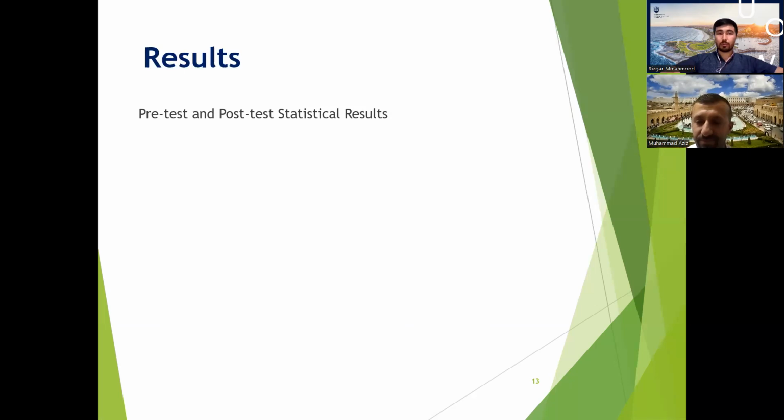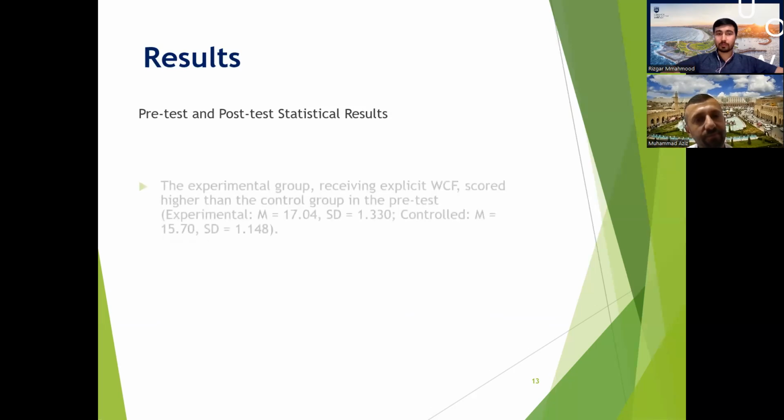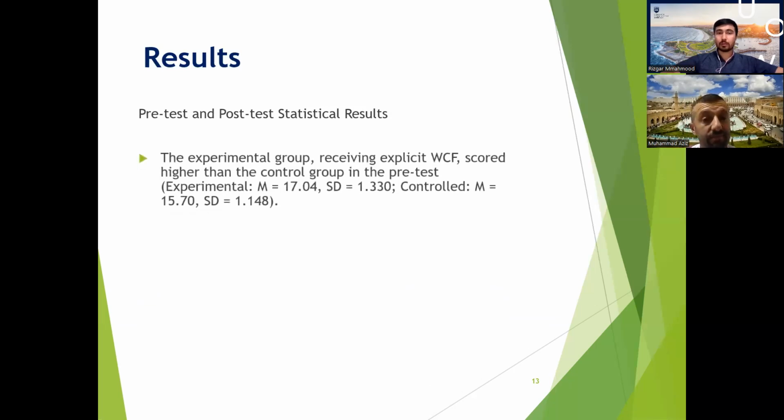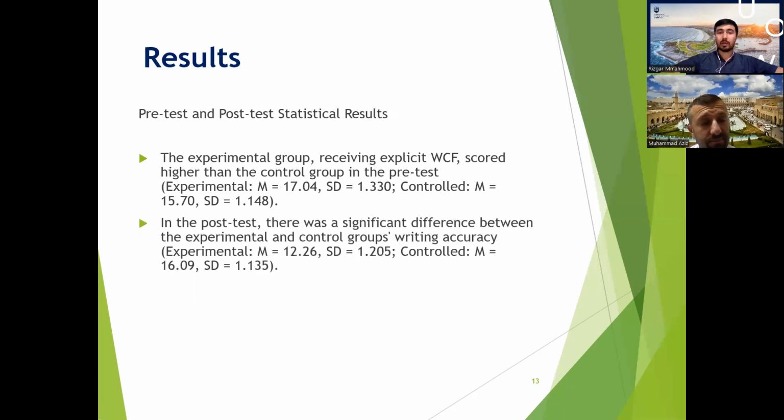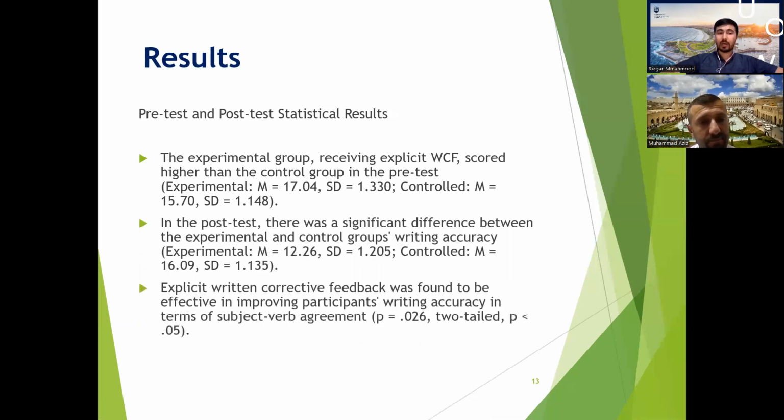So between the pre-test and the post-test, we tried to investigate whether the difference is significant or not. The experimental group, as you mentioned, received explicit corrective feedback, while the control group received implicit corrective feedback.